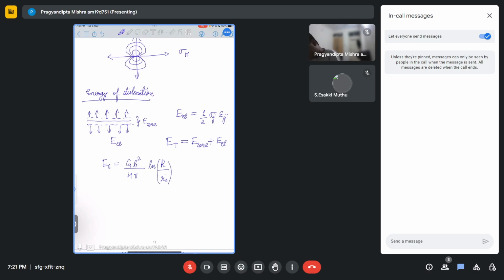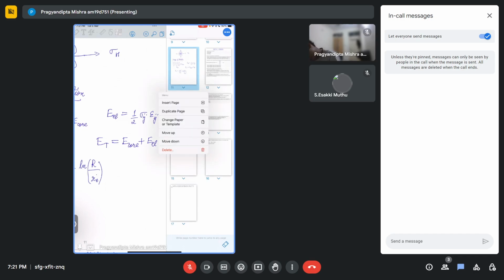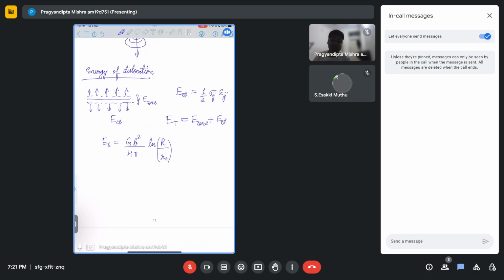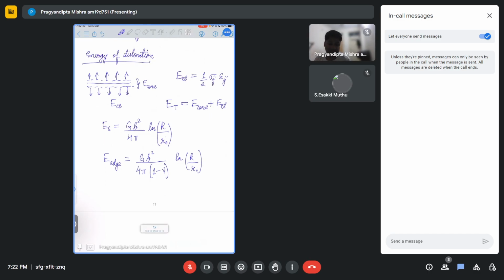While the energy for an edge dislocation will be equal to G b squared divided by 4 pi times 1 by (1 minus mu), times ln of R by R naught. So everything else is the same, only this extra 1 minus mu term is coming.